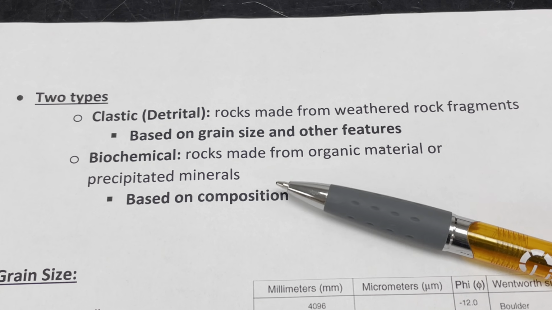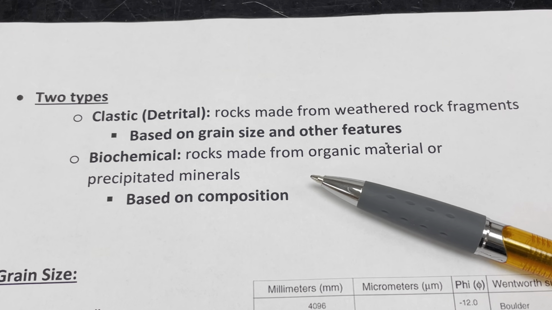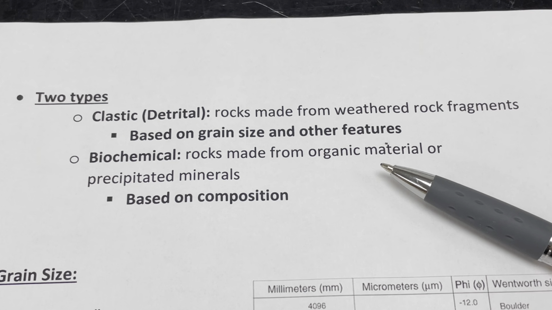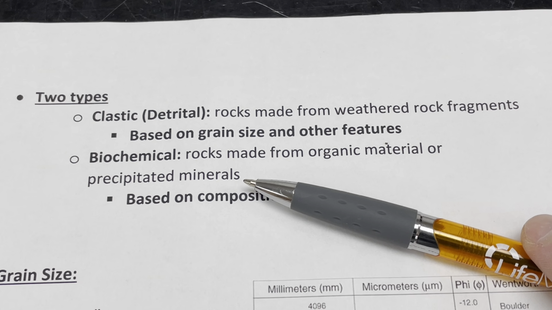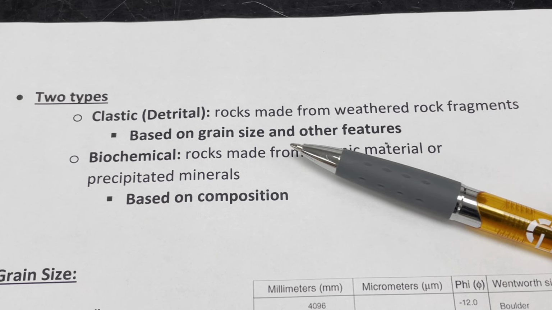Plus it makes it tidy that there's two types, but you really could divide these into three if you wanted to. And these rocks are made out of either organic material, so shells, fossils, plant material, things that were once living, or they could be made out of chemically precipitated minerals like salts or different evaporite processes.